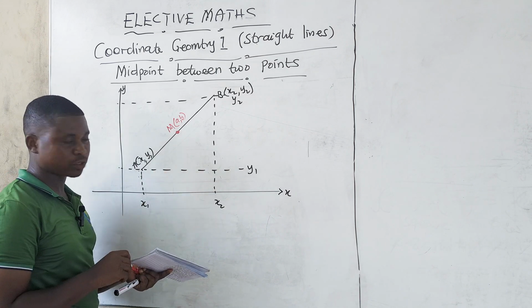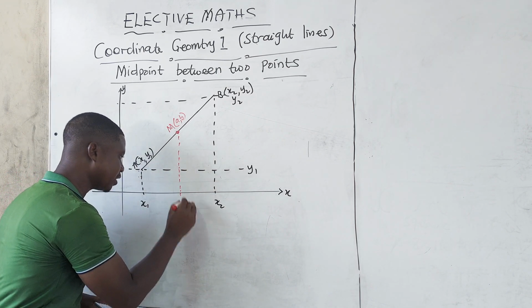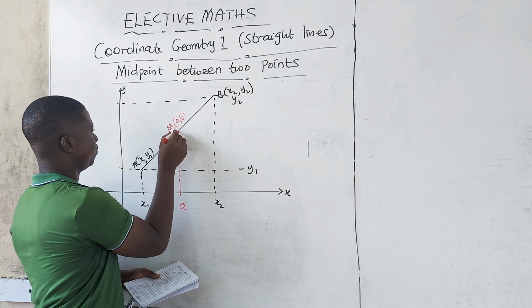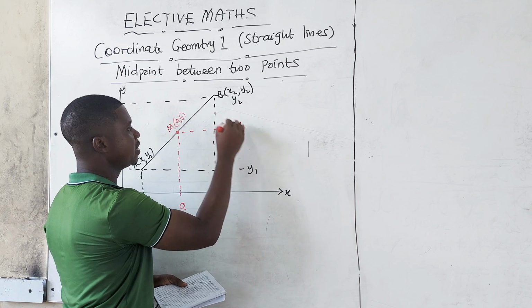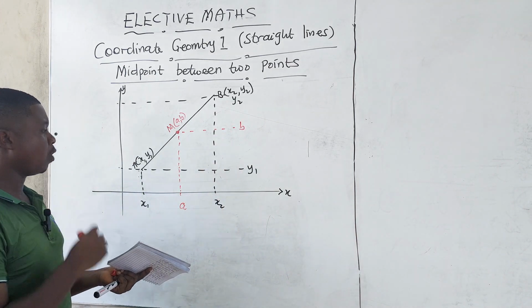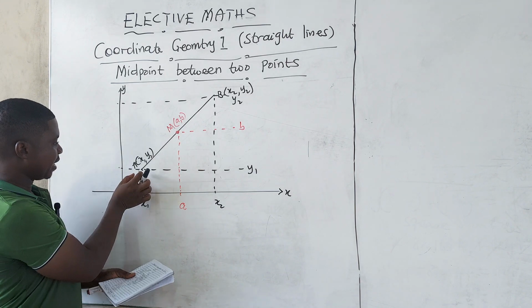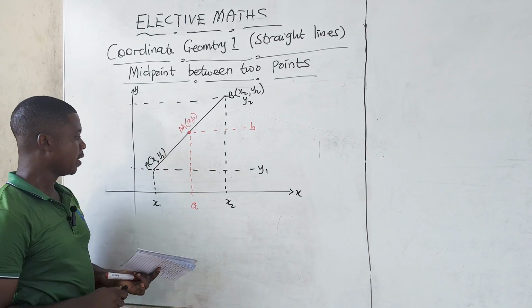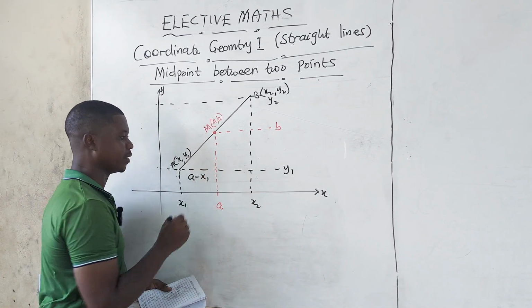So it means that the x coordinate for that one, let's use A for that, and the y coordinate, we use B for this. Now let's look at between A and M. Between A and M, we have A minus x1.